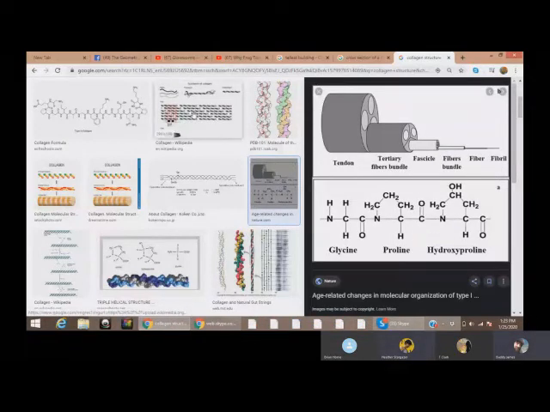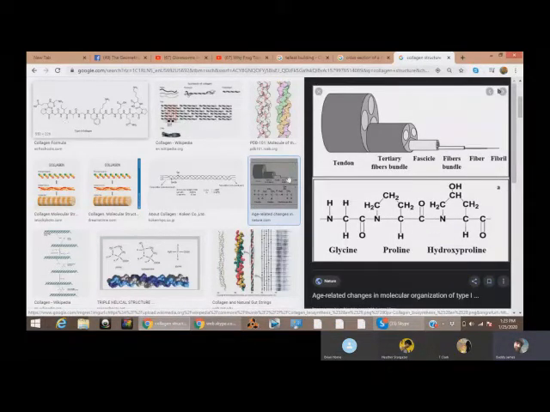Save image as. Yes, please. Now it has to wait. Yeah, look at that. Tendon, tertiary fiber bundle, the fascicle, fiber bundle, fibril. The veins do the same exact thing.